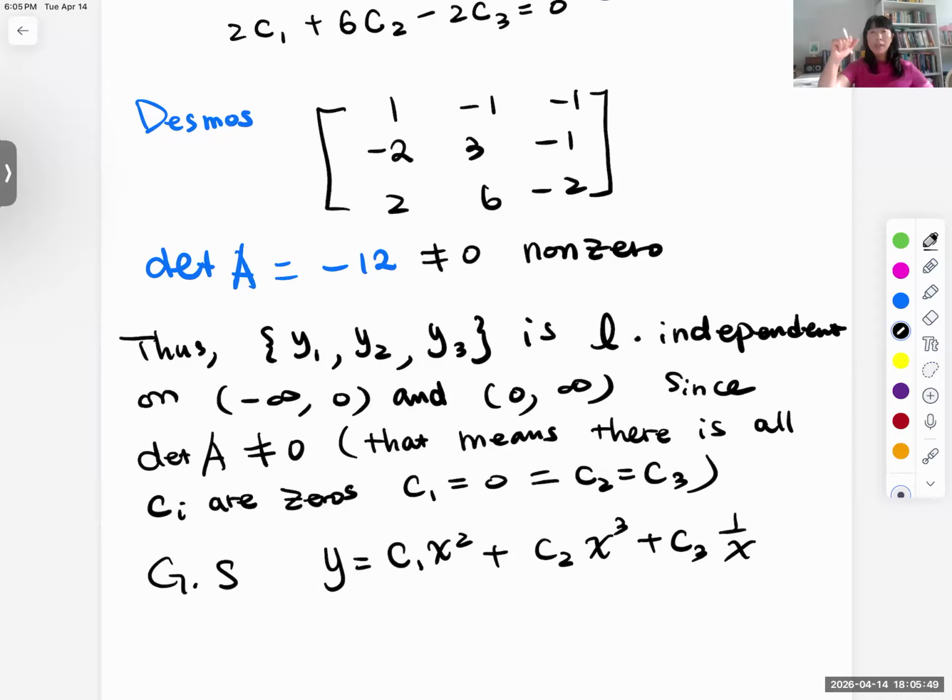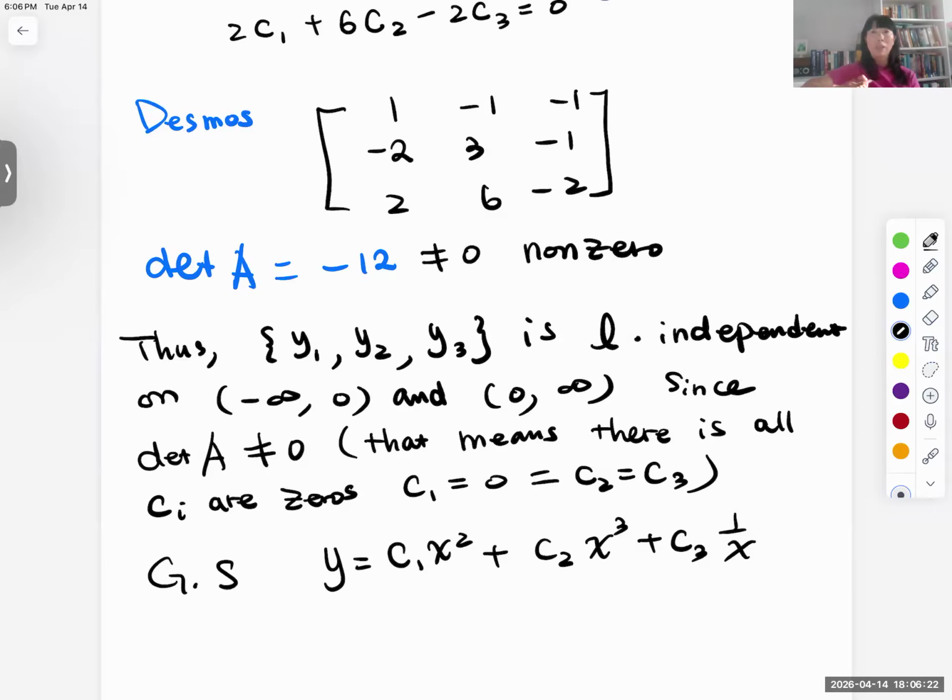Okay, now this terminology connects to the Wronskian, right? Why? Because if the determinant of the Wronskian is not equal to 0, the same as non-zero, then all the constants C sub 1, C sub 2, C sub 3 until C sub n equal 0. And we have a general solution of L of y equals 0.